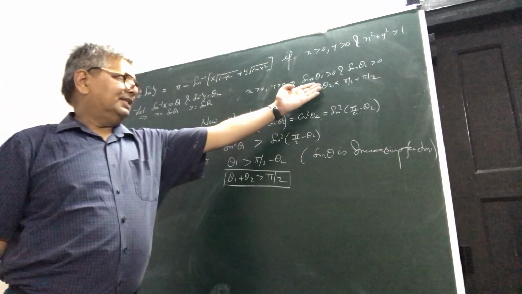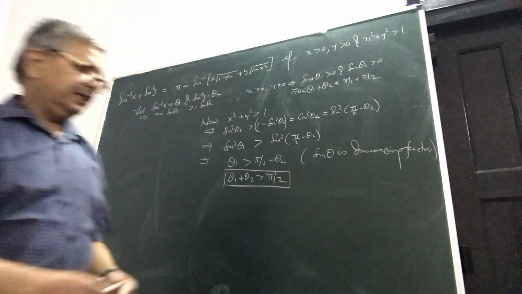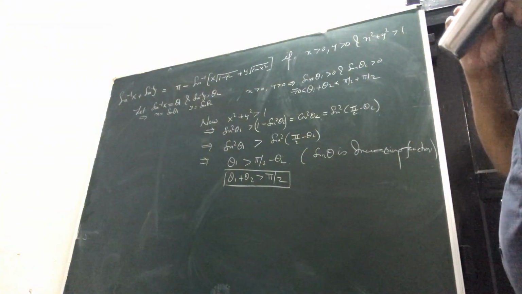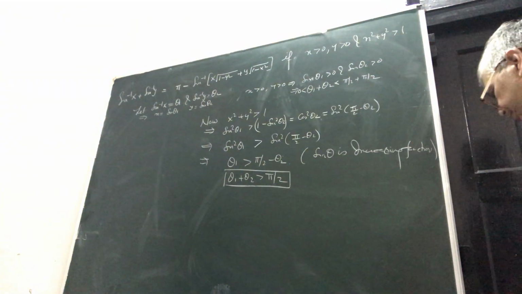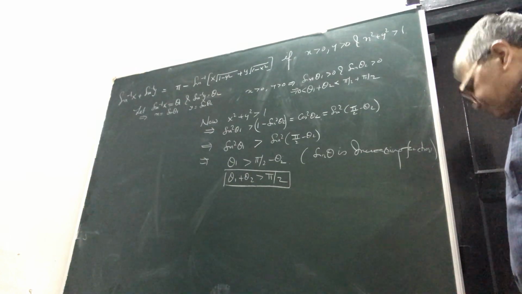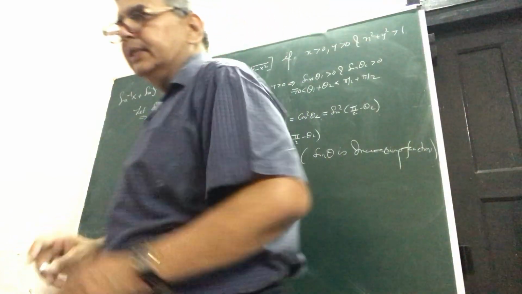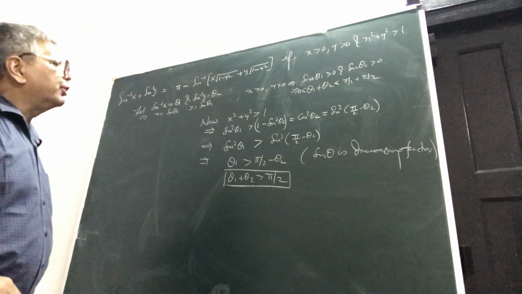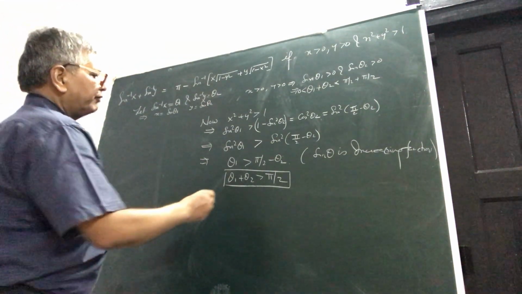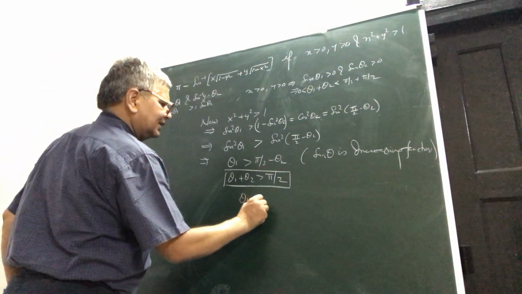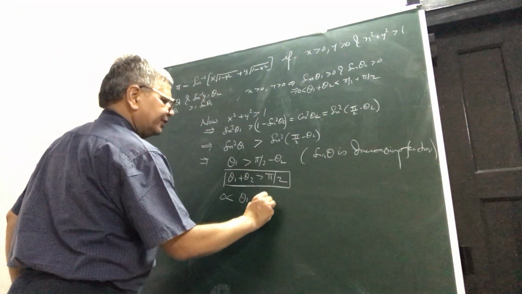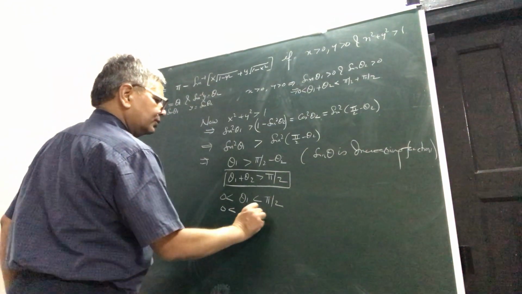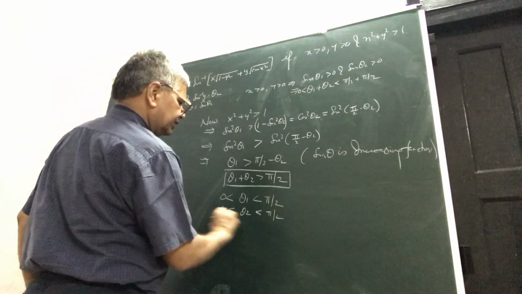So here, whether we write this thing or not, it will not matter much for us. So now we will prove. Now see further, theta 1 lies between 0 and pi by 2 and theta 2 likewise lies between 0 and pi by 2. So this implies what?